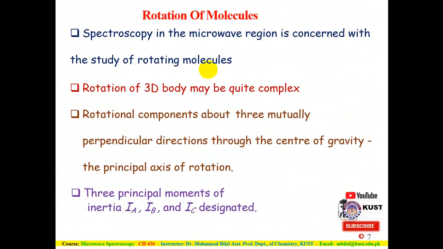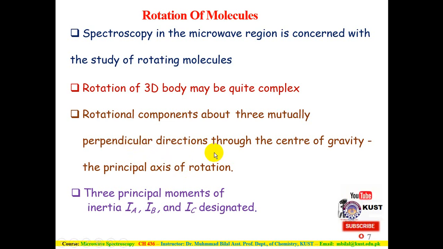In this slide we will discuss the classification of molecules on the basis of rotation. First of all, microwave spectroscopy is concerned with the rotation of molecules. This rotation is complex in three dimensions, and it is composed of three perpendicular axes through the center of gravity.